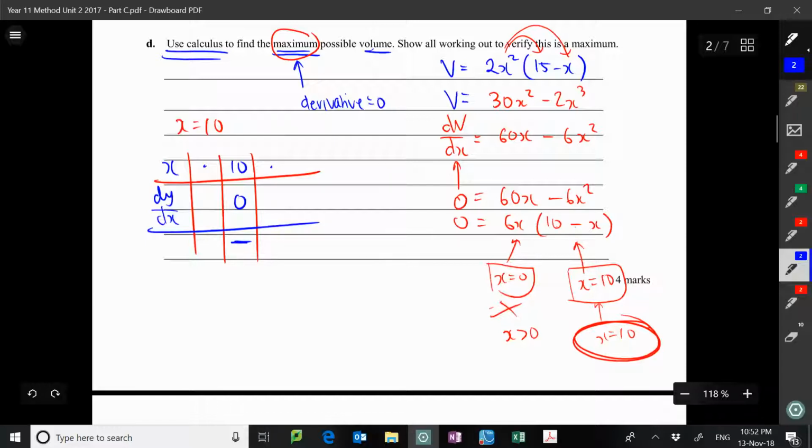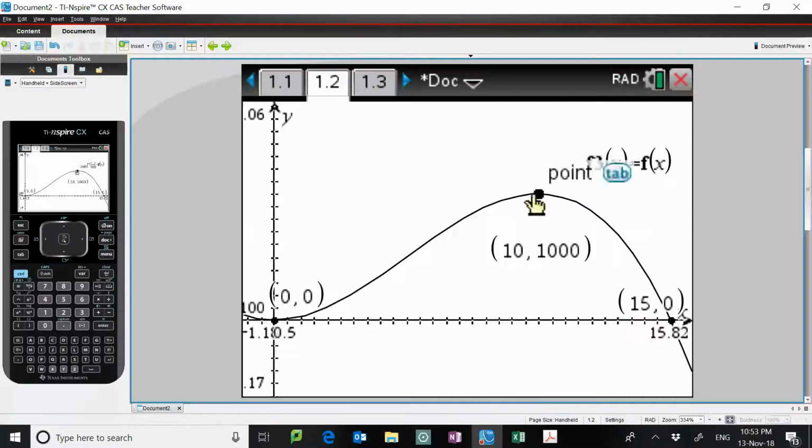Now pick a number. I'd probably pick a number less than 10. Let's pick 1. Okay, and let's pick a number greater than 10. Let's say 11, I guess. You got a calculator, so you can sort of plug it in and play. But since the derivative is equal to 60x minus 6x squared, this is what I would do.